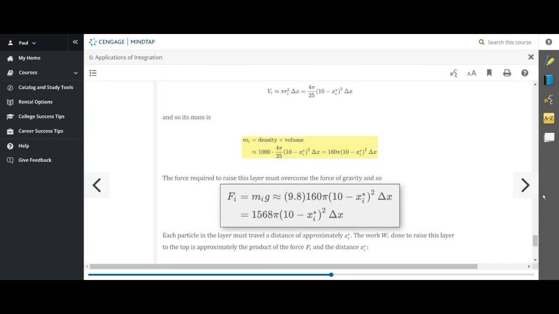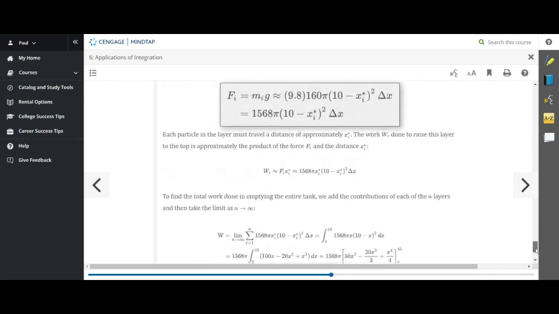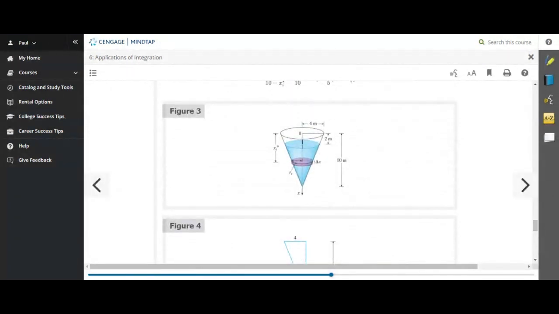Well, in the picture here, the ith layer of water, and we've got to stick to the picture we used. That purple ith layer of water in Figure 3 is xi meters from the top of the tank.